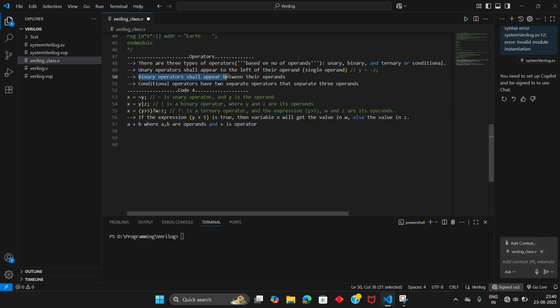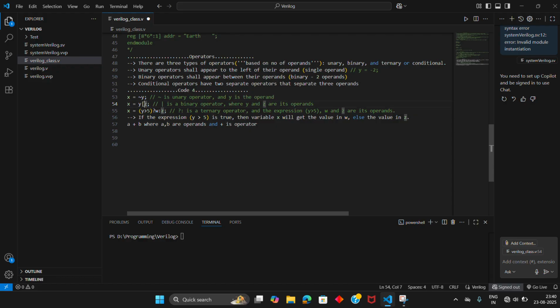A binary operator appears between its operands. Binary means two, which means we have two operands. In the example x equals y bitwise or z, we have two operands, y and z.